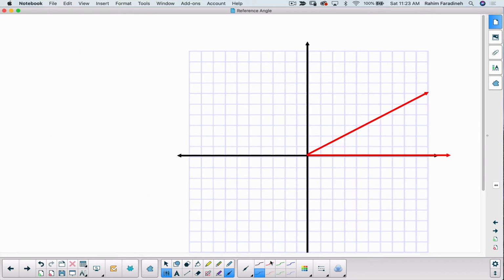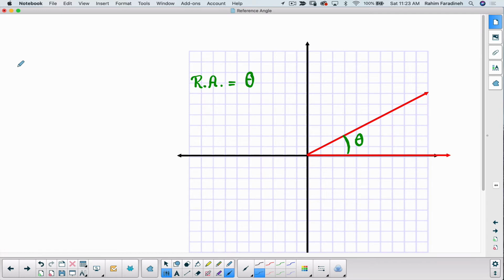If our angle ends up in quadrant 1, the reference angle will be the same as that angle theta.